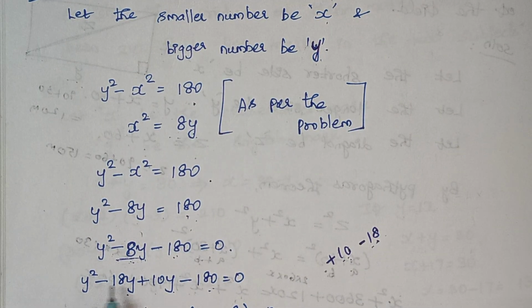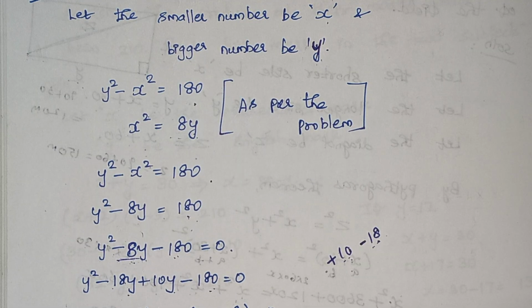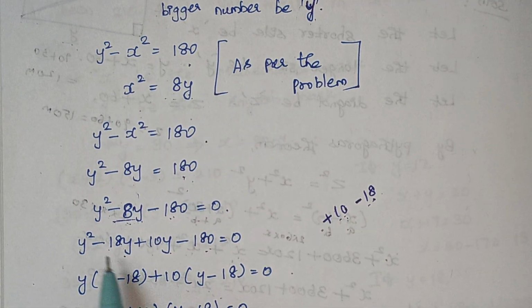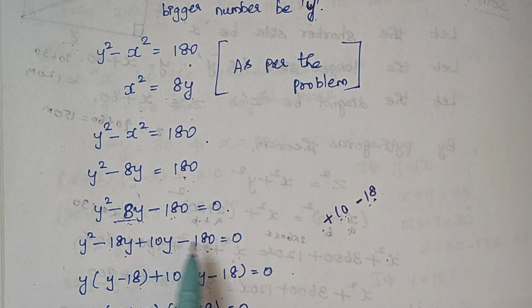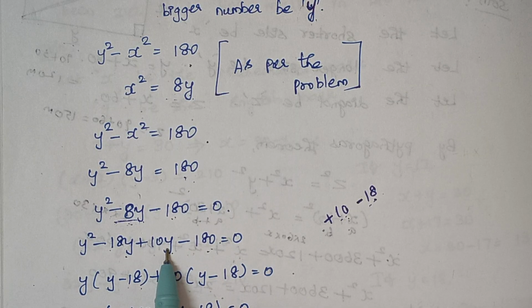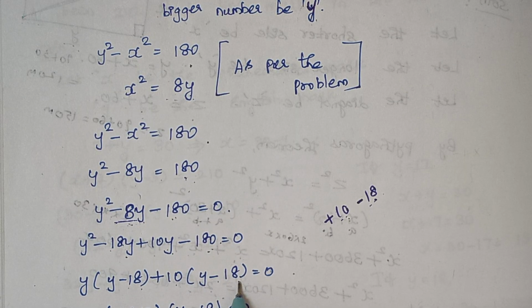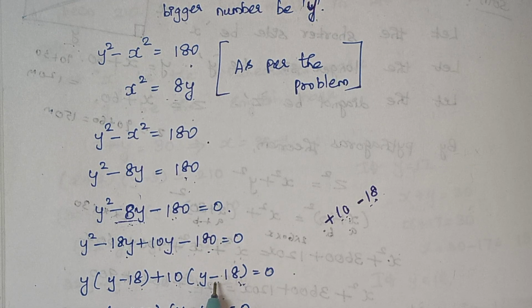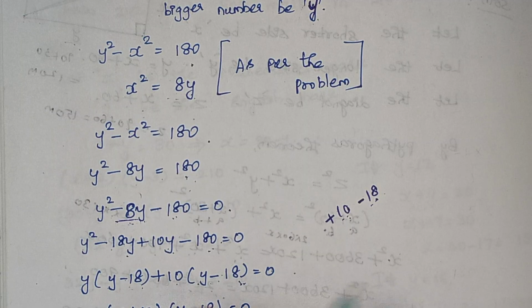When you look at the first two terms, you can take y commonly outside. When you take y outside, the remaining term is y minus 18. Then you can take 10 outside, and again the remaining term is y minus 18. In this expression you can take y minus 18 commonly outside, and the remaining term is y plus 10.